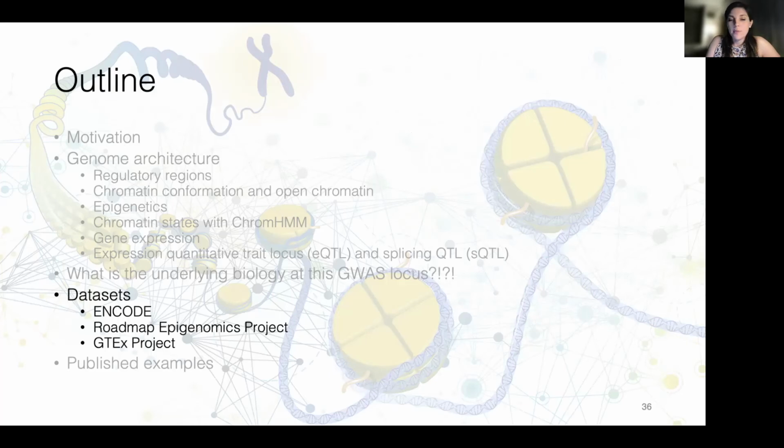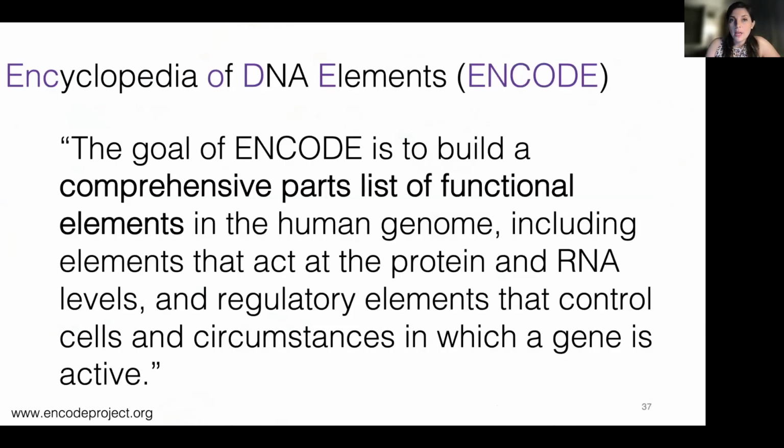I just want to quickly review a few data sets that I think might be important for you to know about. ENCODE is the Encyclopedia of DNA Elements. They have performed a comprehensive parts list of functional elements in the human genome, looking at all the protein and RNA levels, regulatory elements that control cells.